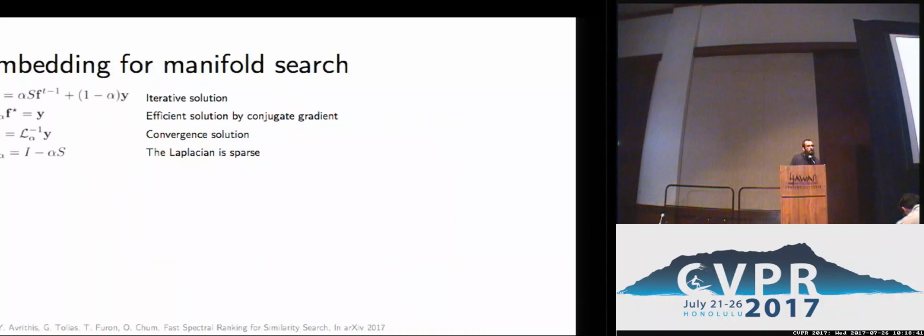Let's go back to the different solutions for diffusion. The iterative one is typically preferred in the prior work. The linear system also involves a sparse matrix, and we propose to solve it with conjugate gradient. And then we also have the closed form solution that involves a matrix that is not sparse, the inverse of the Laplacian here.